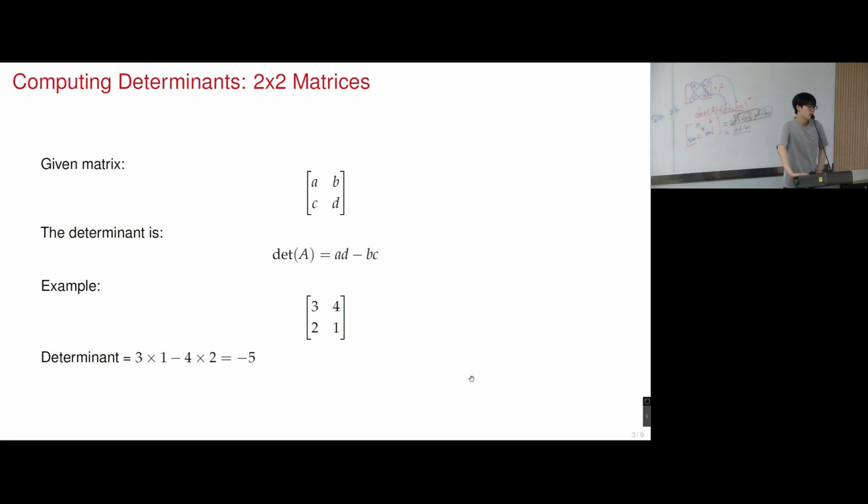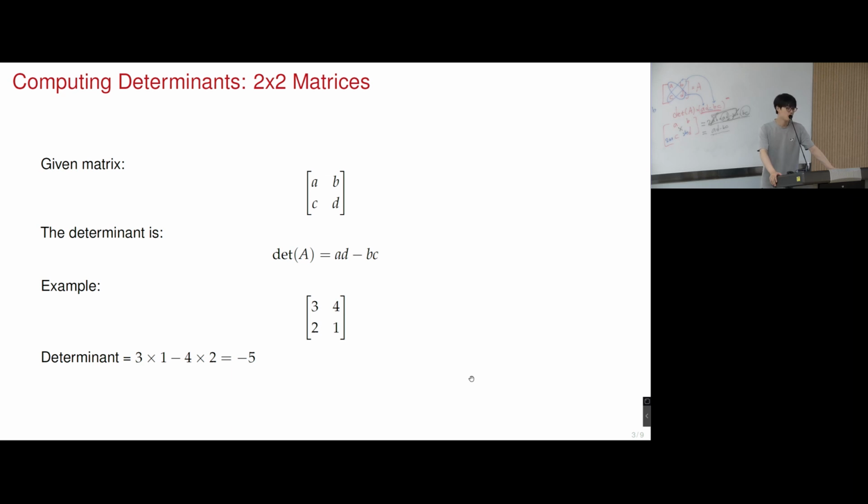Okay, so computing determinants. I already said this, but let me briefly talk more about it. We're computing determinants for 2x2 matrices, because 2x2 matrices are the easiest form of square matrix for which to find a determinant.